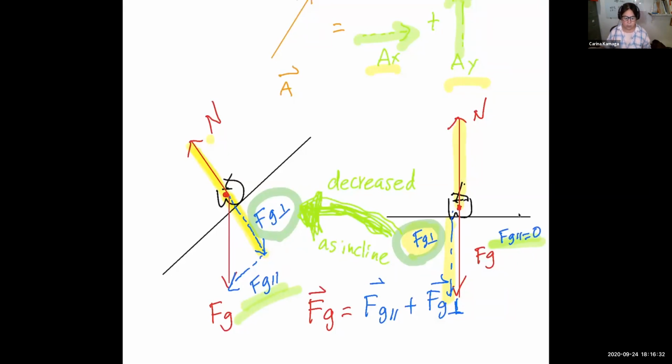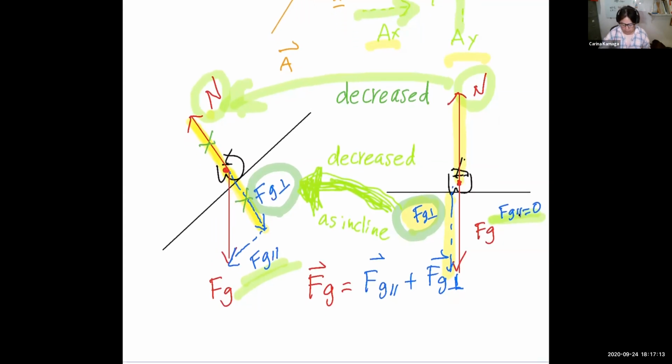So the normal force, as you moved from the flat surface to the inclined plane, also decreased. And this normal force and Fg perpendicular are equal and opposite to each other.